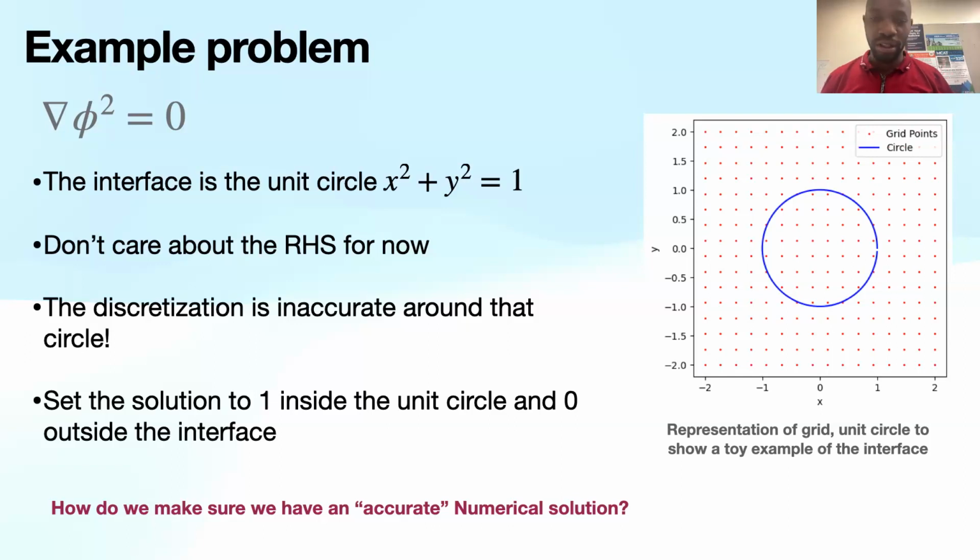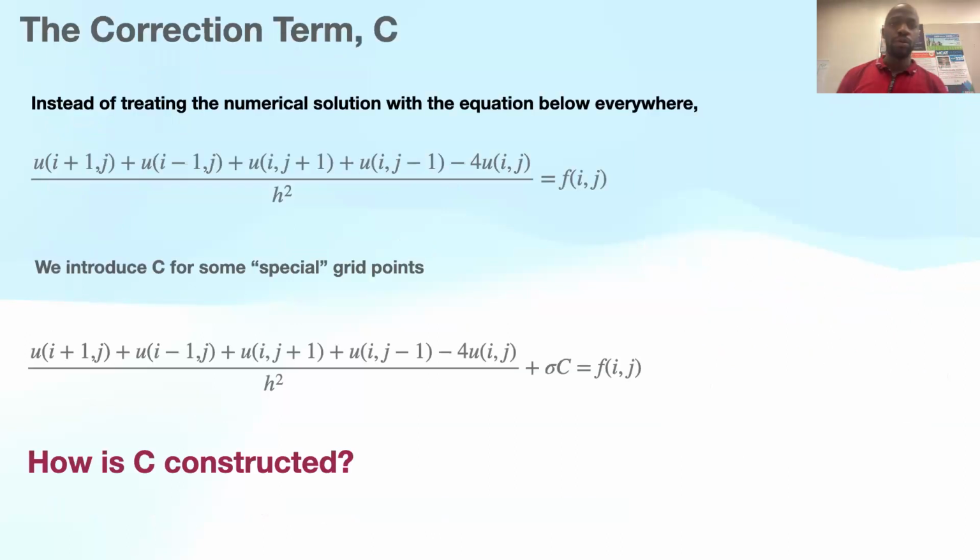I hope you keep that in mind. The whole point is to get the C that I got there. Because we already know how to discretize with the 5-point stencil, the question is, how do you design the C so that you have a better numerical solution? And that is what I want to go through.